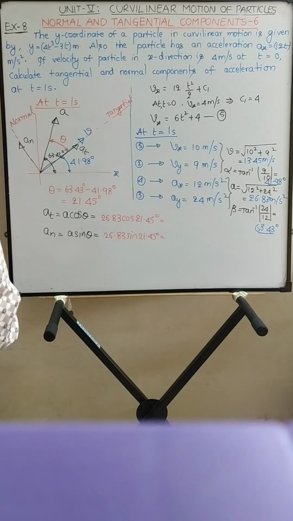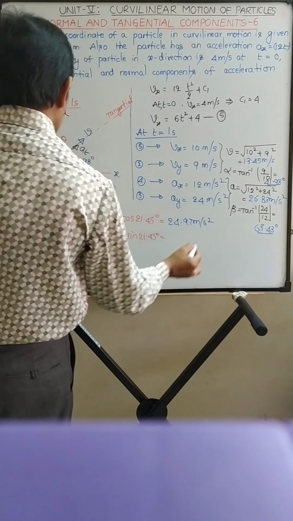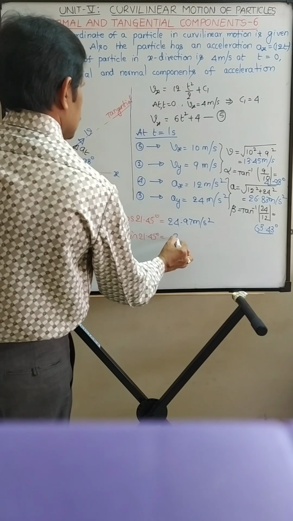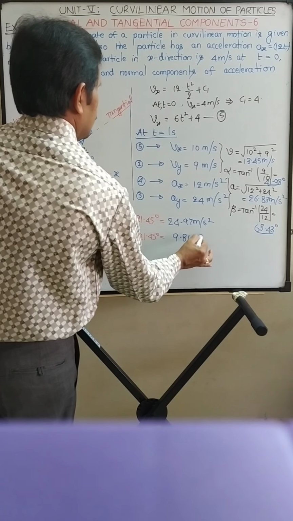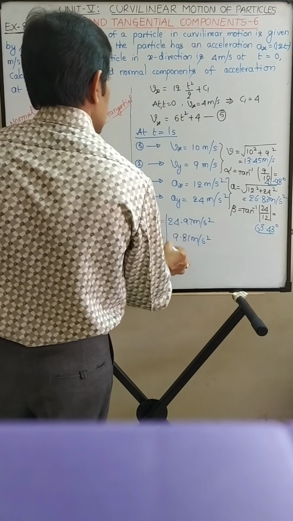After doing calculations, you get AT as 24.97 meters per second square and AN as 9.81 meters per second square. So these are the final answers, the tangential and the normal components of acceleration. Understood? Thank you.